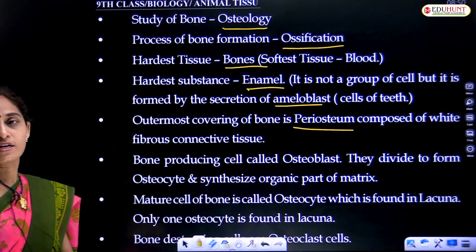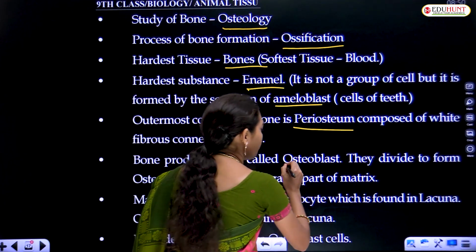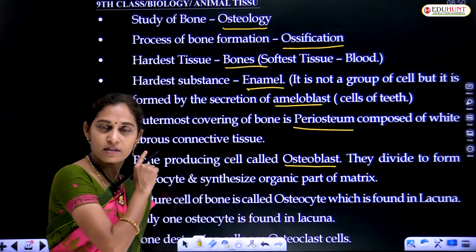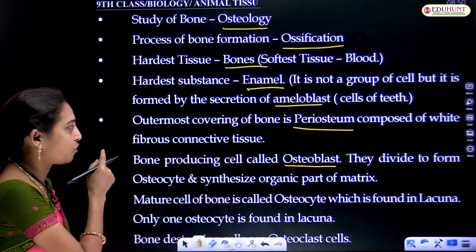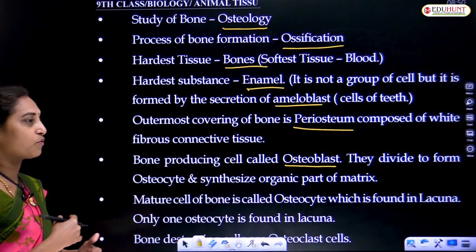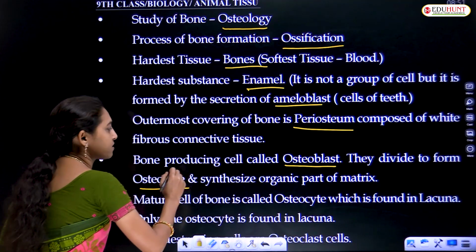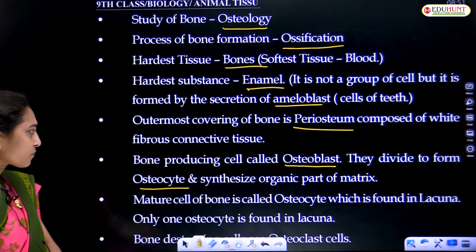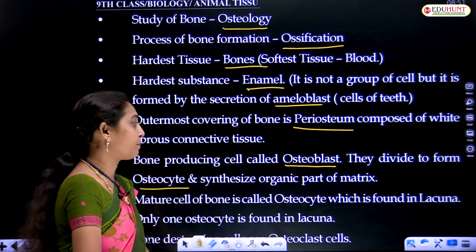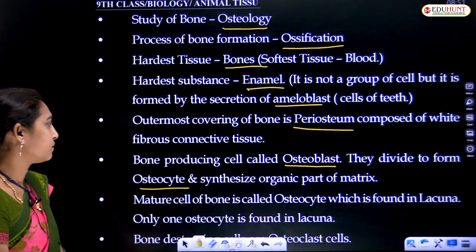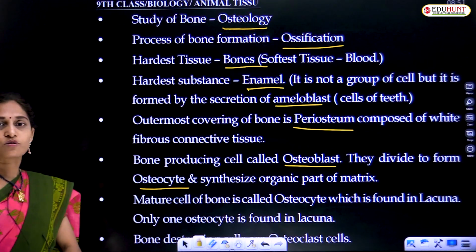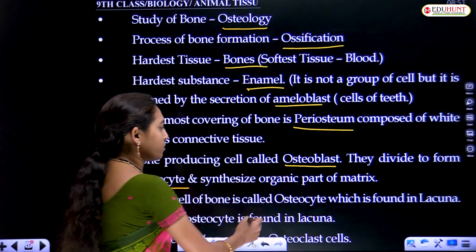Bone producing cells are known as osteoblast. Akkada manam chondroblast annamu, ikkada osteoblast annamu. They divide and produce the osteocytes and synthesize the organic part of the matrix. And mature cells of bones called the osteocytes.